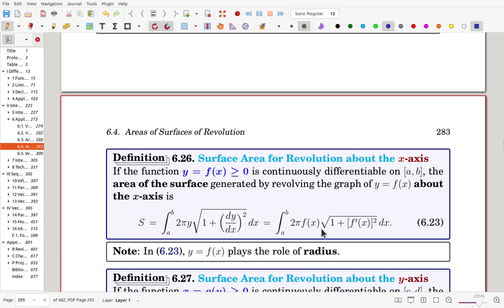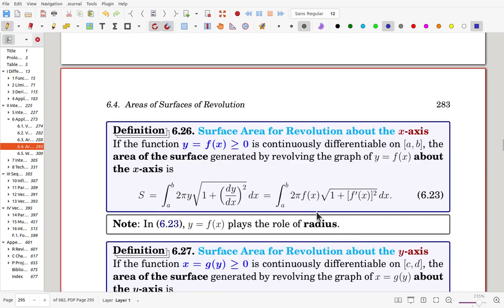And this one is the same as square root of 1 plus f prime x squared dx. So we'll use this formula in computation. Remember that in this formula, y is used for radius.